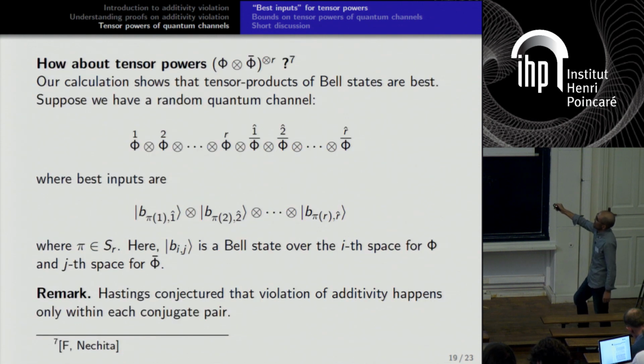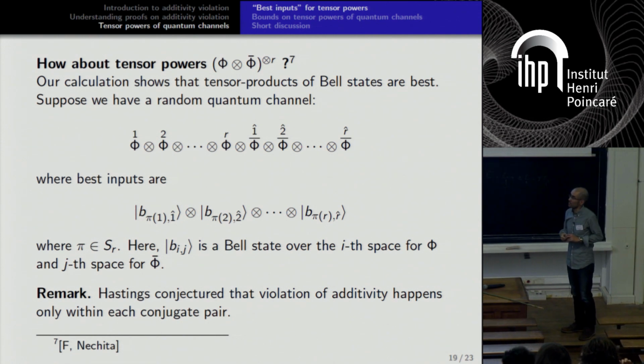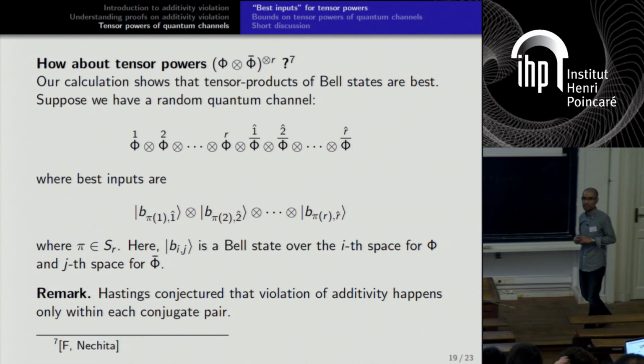And then naturally, we make a larger tensor here. So here we have phi tensor phi. We make the tensor of phi and phi bar to some tensor power, and then we fixed the input and took random channels, and we looked for the best input for this setting.